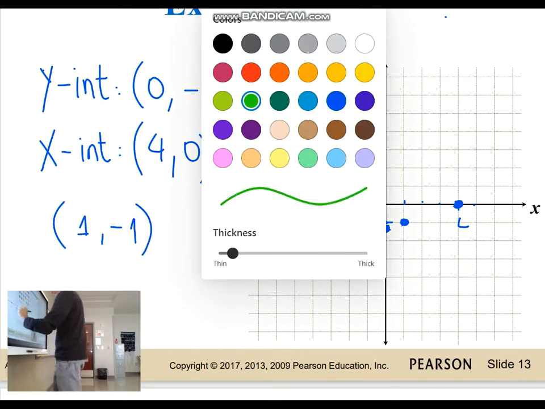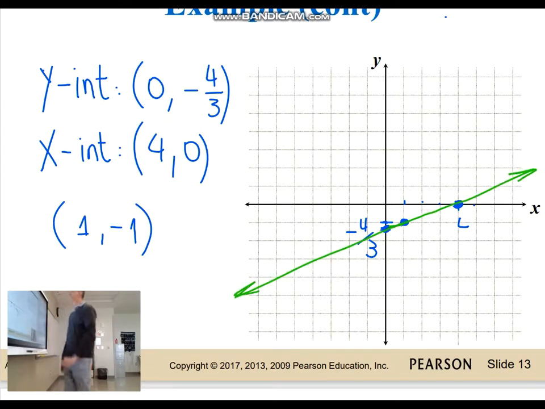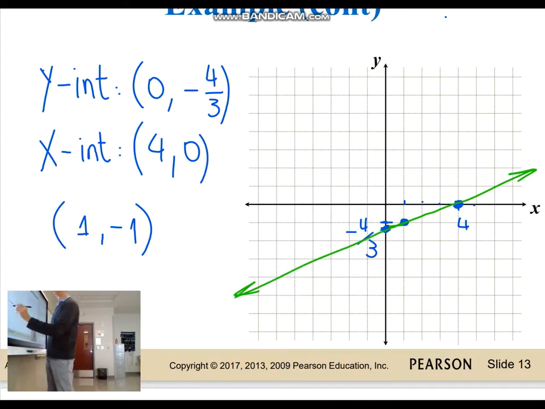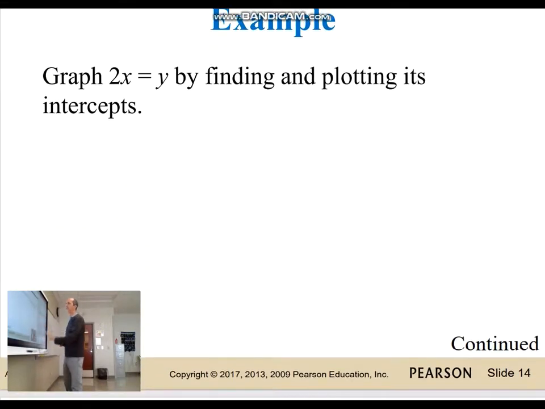Let's choose a color by connecting the dots, connecting the points. This is going to be our graph. Great. Moving to the next example, graph 2x equals y.